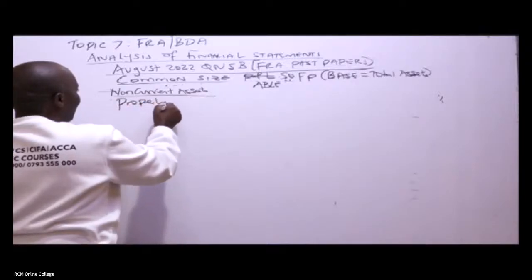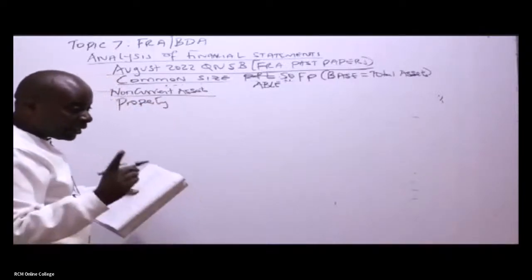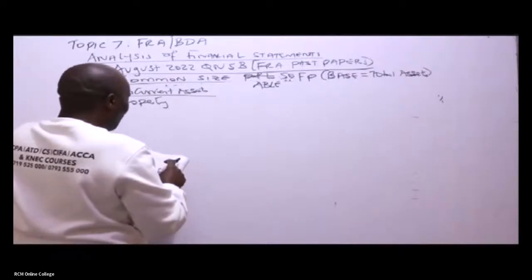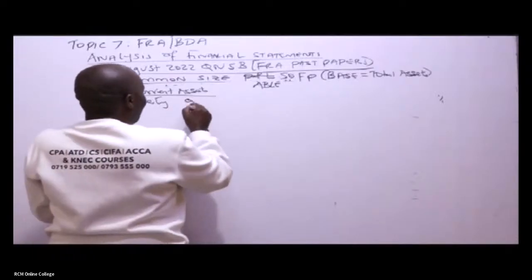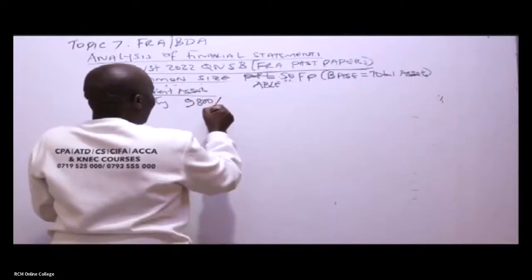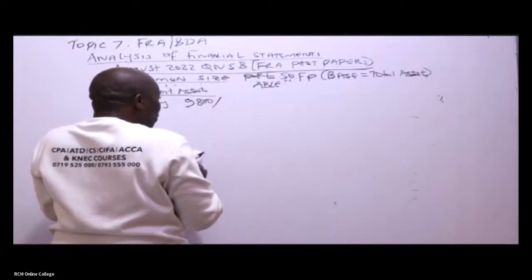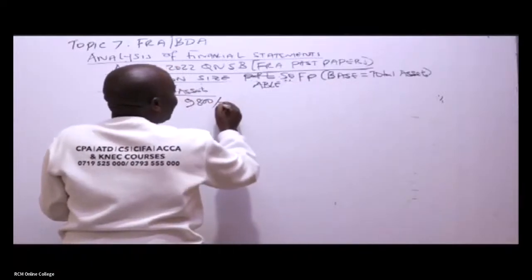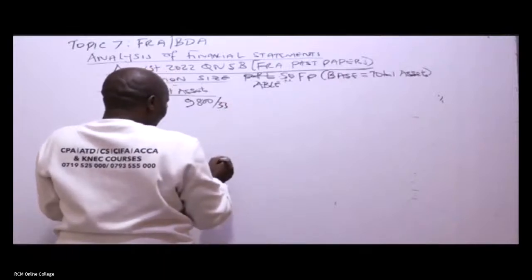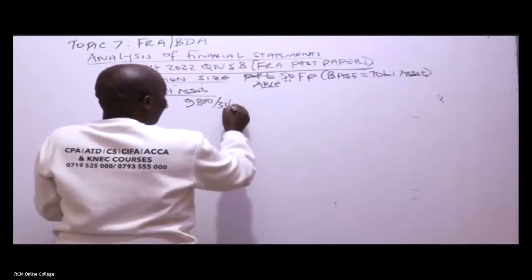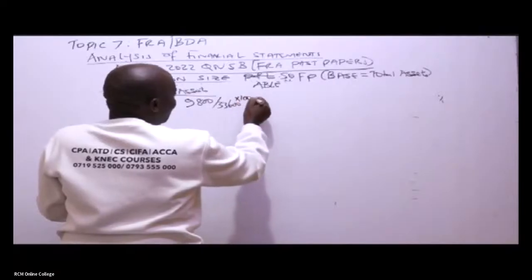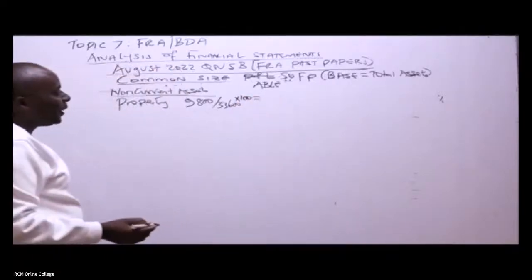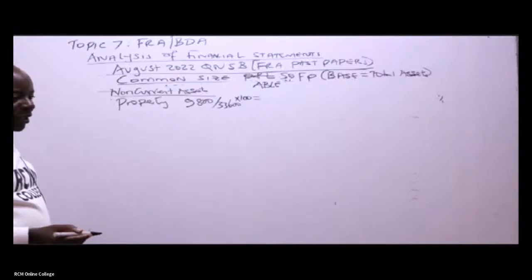Property for Able is 9,800. So it will be 9,800 divided by the total assets you guys have given me, which are 33,600, times 100. What are you guys able to get there?